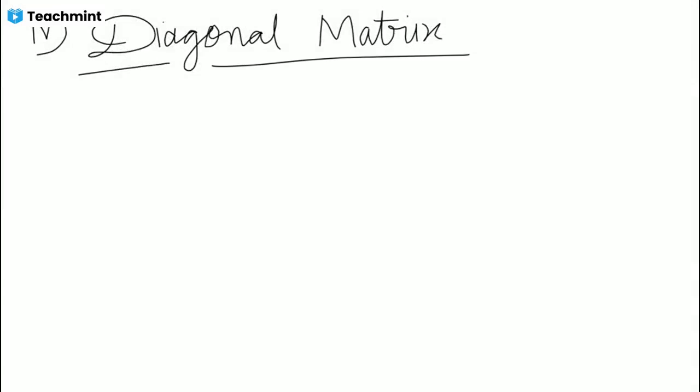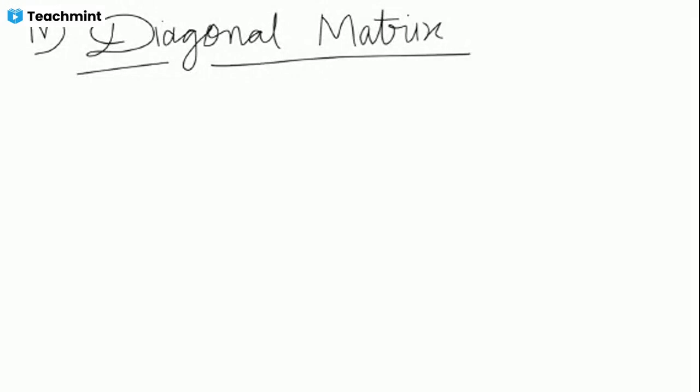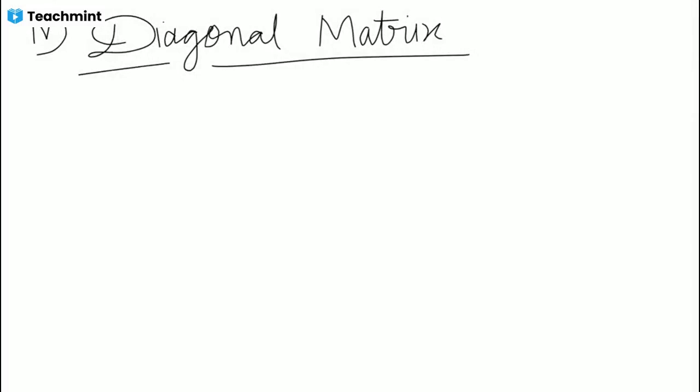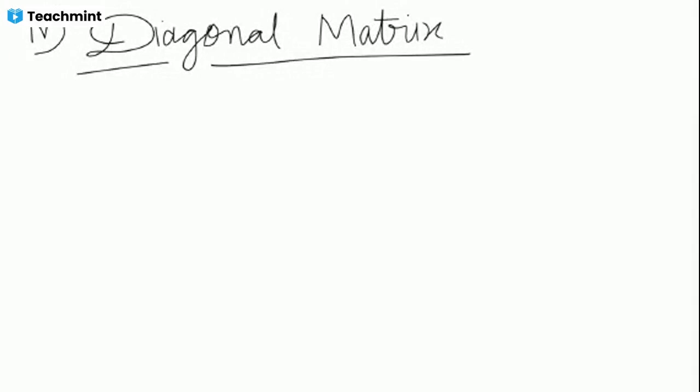In a diagonal matrix, we have only the diagonal elements non-zero and all other elements are zero. What it means, I'm explaining to you.